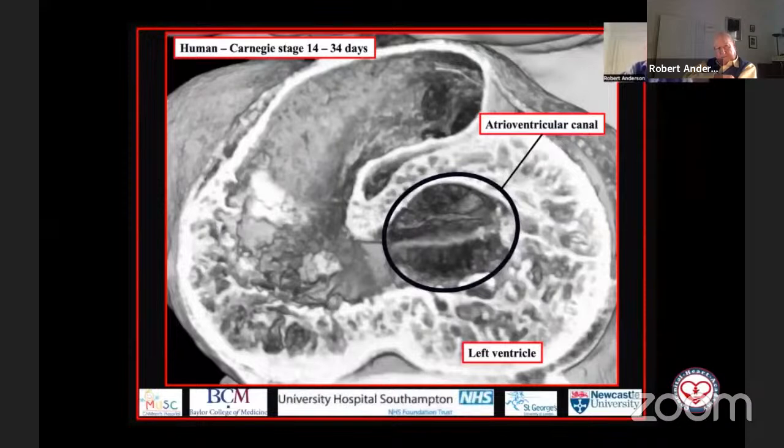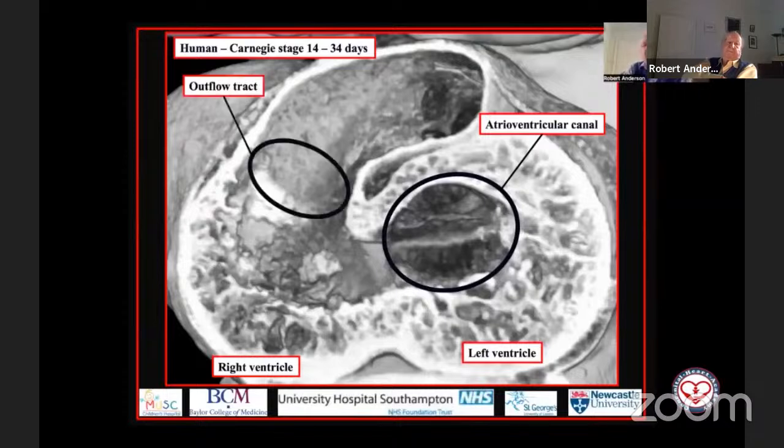From the outlet part of the ventricular loop, we've had formation of the developing right ventricle, and arising from the cavity of the developing right ventricle, we have the entirety of the circumference of the outflow tract.